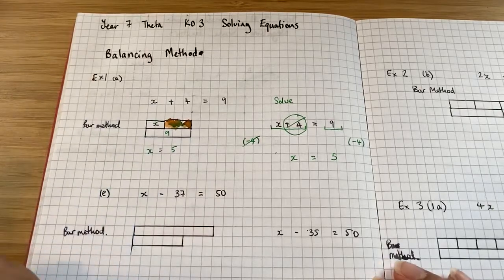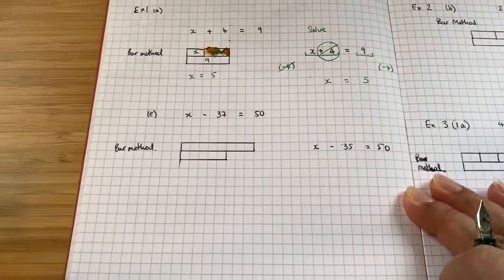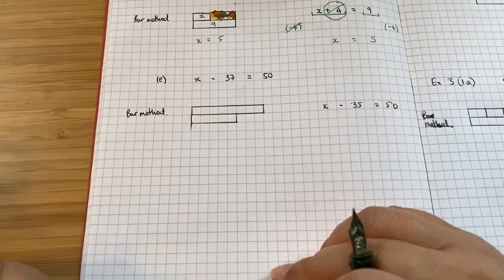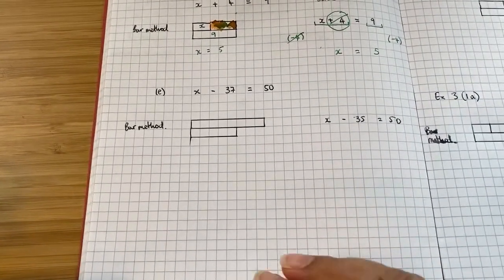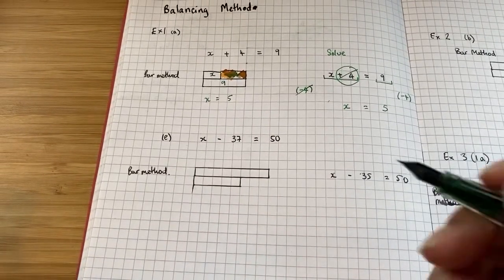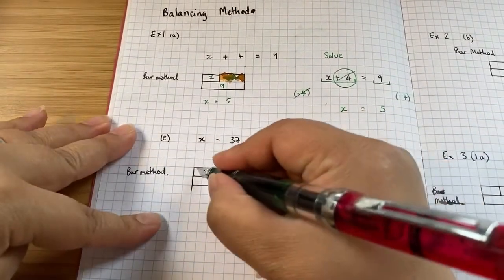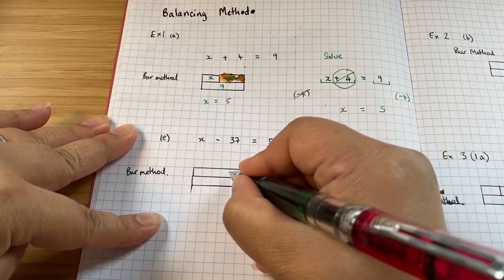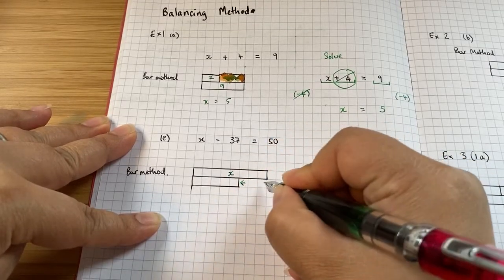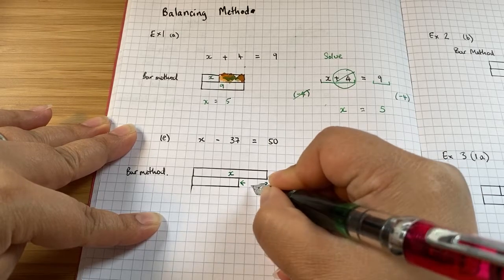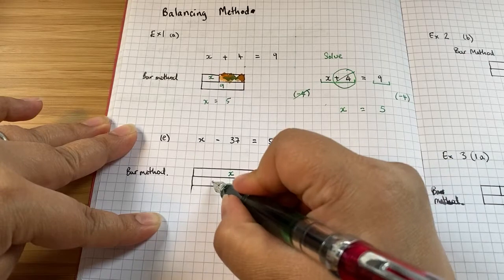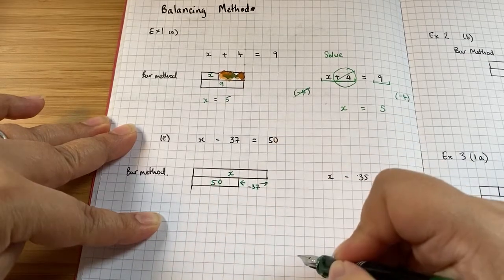So the same works if it's a subtraction. So you can see here, x subtract 37 equals 50. And the bar method works the same way. So if this entire bar here represents x, if I subtract 37 from that bar, I will end up with 50 left over.